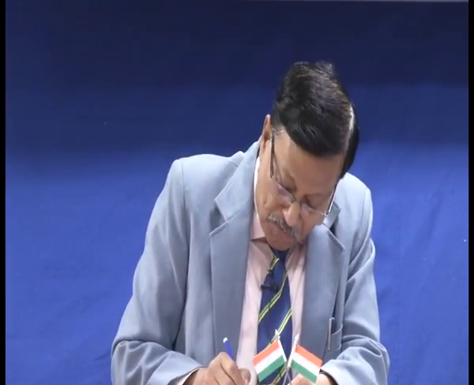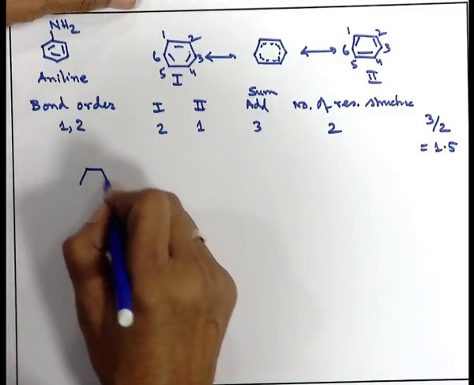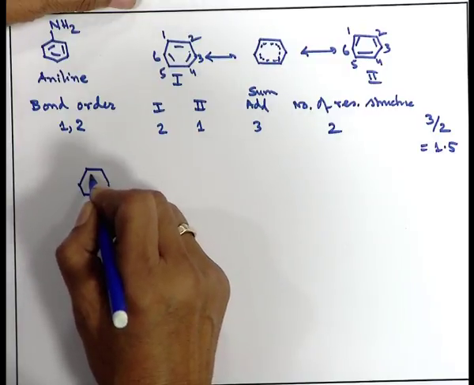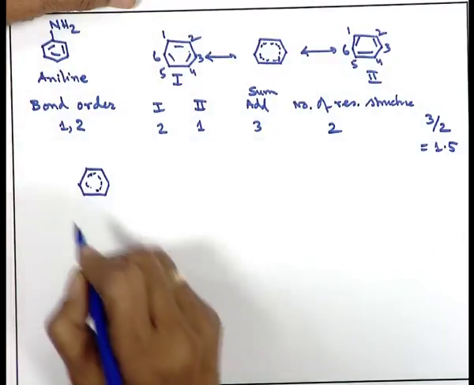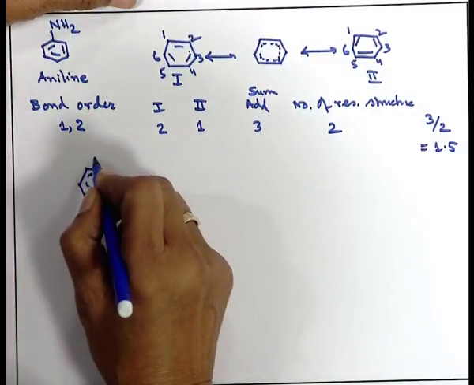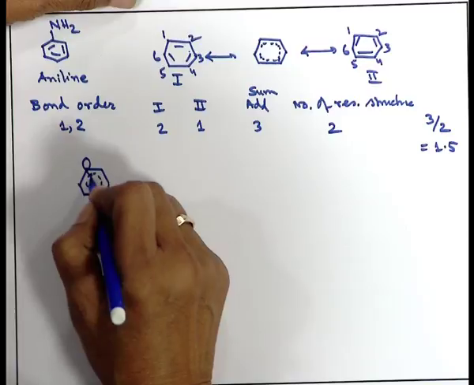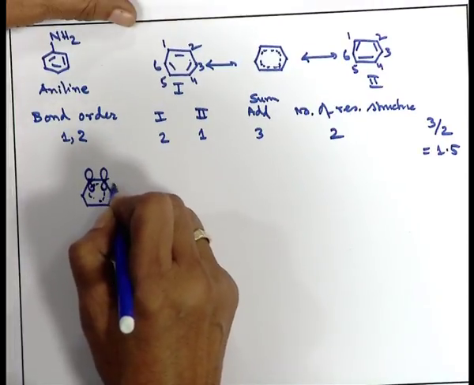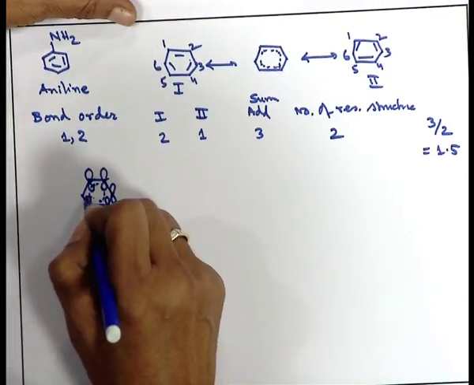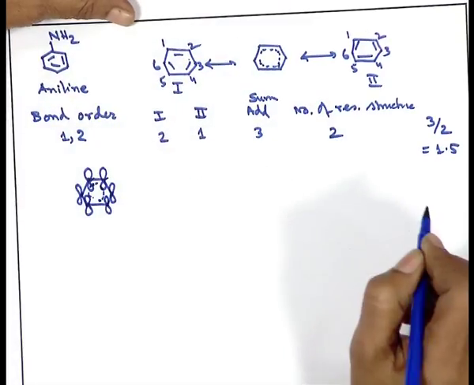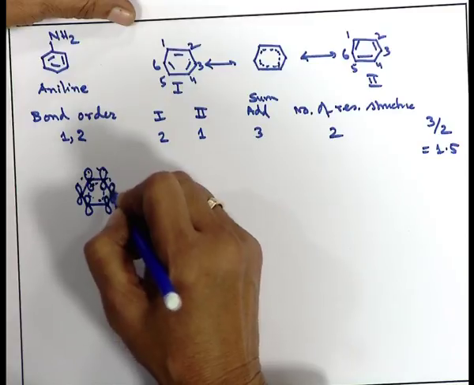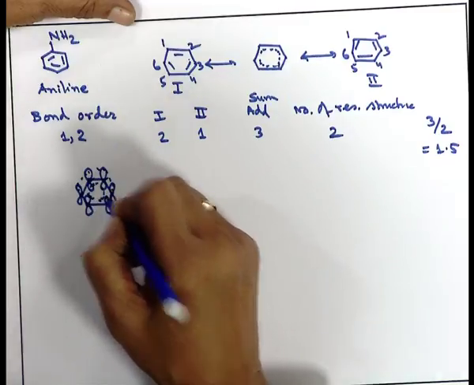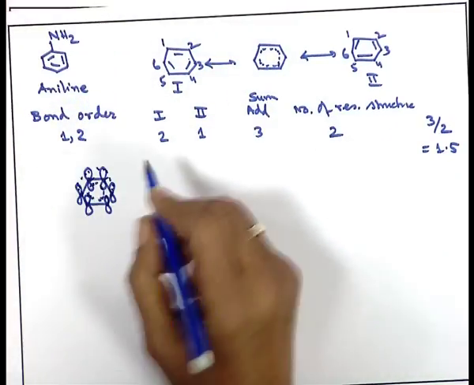So, 1.5 is the bond order, but if we look more precisely at the nature of this delocalized structure, we will find that each carbon atom has a pz orbital, because all these are sp2 hybridized carbons, and these pz orbitals, with the help of electron delocalization, are not only on the top, but also in the bottom.